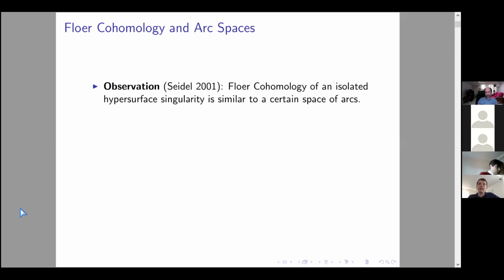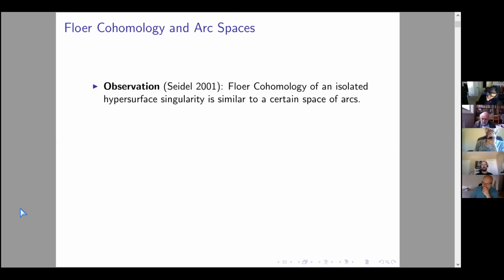that singularity, then it bears some similarity with a certain algebraic variety called the arc space, or it's called the contact locus or something. Okay, so I want to explain just morally what the arc space is first before I talk about details.